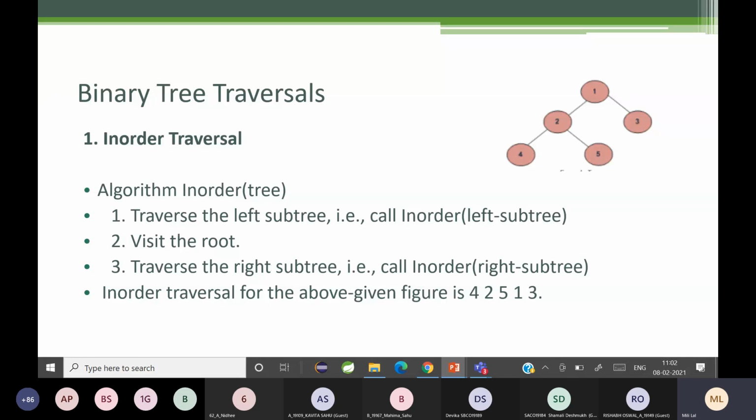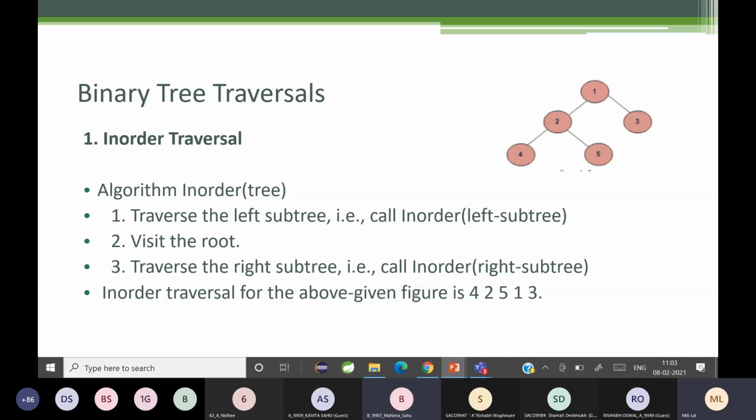For example, you go to the subtree. So the subtree of the root node 1 is what? 2, 4 and 5, right? Left subtree of the root node is what? You all can see the screen.